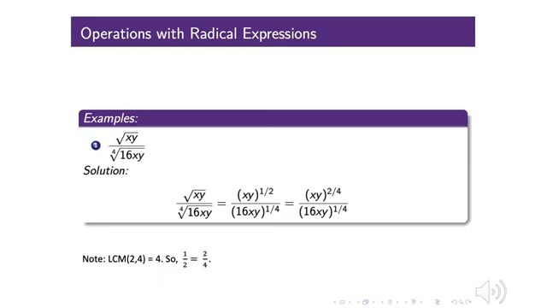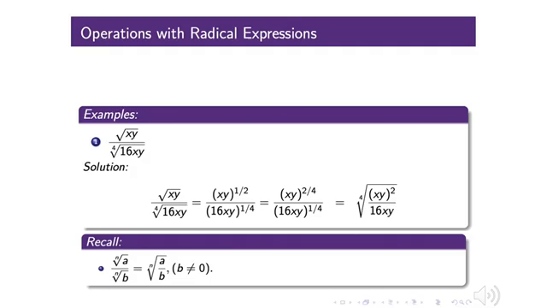Second step, we write the exponents in equivalent form using the LCM. The LCM of 2 and 4 is just 4. Then we have (xy) raised to the power of 2/4 over (16xy) raised to the power of 1/4.